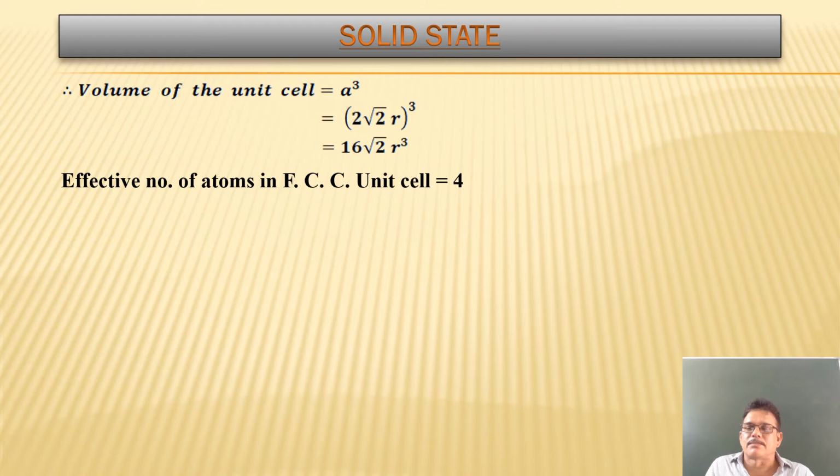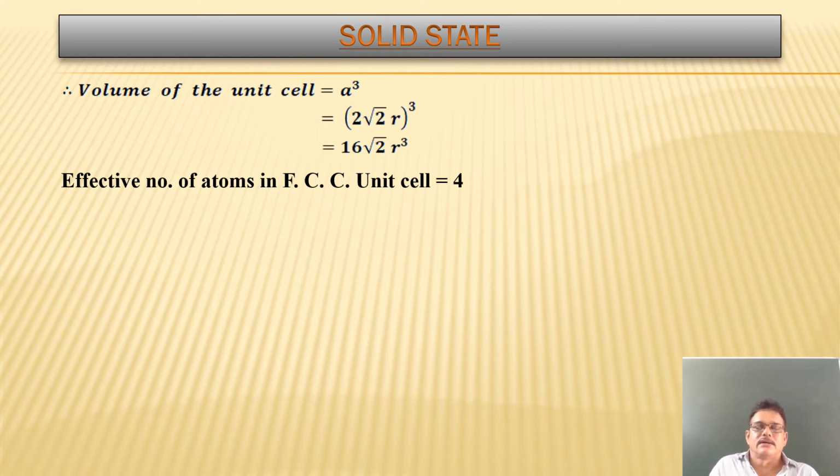As 6 faces are present, 6 into 1 by 2, that is equal to 3. So contribution from face centered points is 3, and contribution from corner points is 1. So total number of particles will be 1 plus 3, that is equal to 4. So effective number of atoms in FCC unit cell is 4.